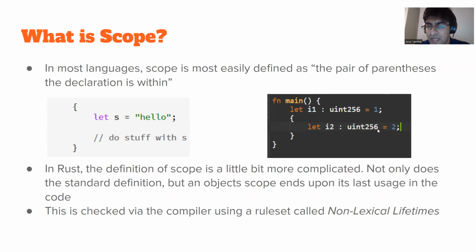If we printed i1 somewhere inside these curly braces, then i1 would still be in scope at that point. But after its last usage in the code, i1 goes out of scope and gets freed in memory. Rust automatically handles that. It sees that the data is no longer being used and completely wipes it.